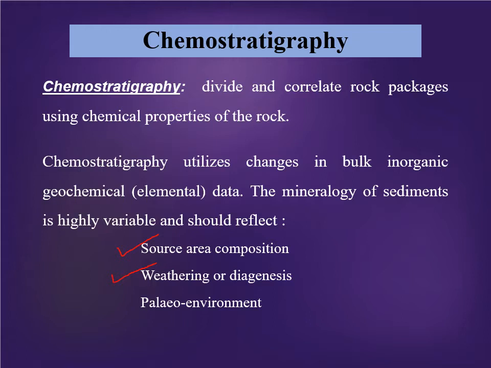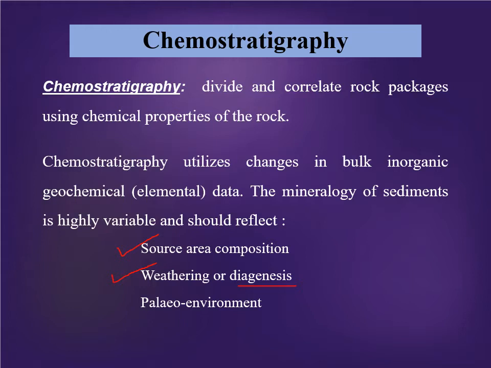So if physical weathering is more prone, then certain types of fragmentation of minerals will happen more. If chemical weathering is more prone in a provenance area, then certain other types of fragmentation of minerals will happen more. Similarly, different depositional environments can lead to different diagenetic effects.